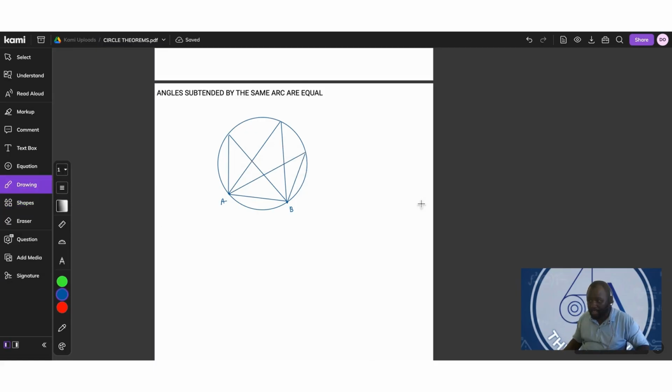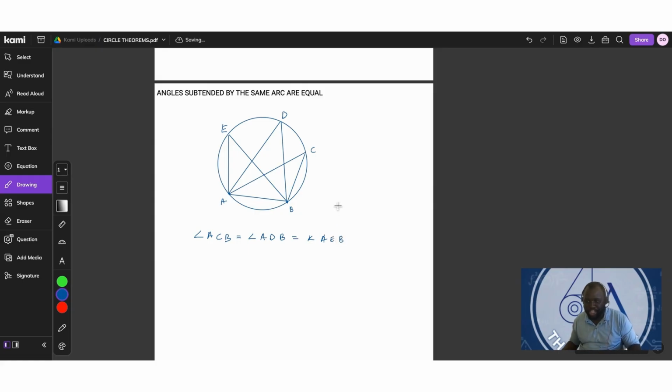If I do that, and I label these C, D, and E, you will notice that angle ACB is going to be equal to angle MDB, which is going to be equal to angle MEB. These three angles are equal.